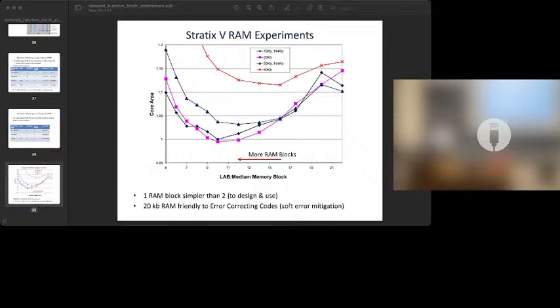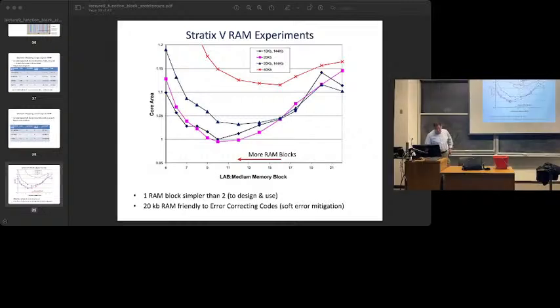The multiples of 10 allow not just parity bits but also error correction, and word widths that are multiples of 10 are natural for that. It doesn't matter that much, because most logical RAMs need a bunch of block RAMs anyway. There's already a transformation from what the person asked for to physical RAM, so it doesn't make much difference.